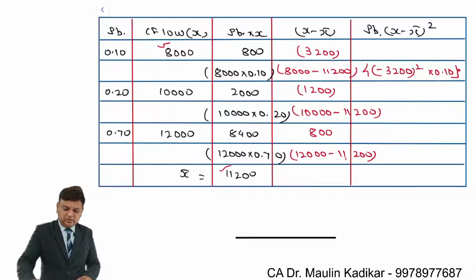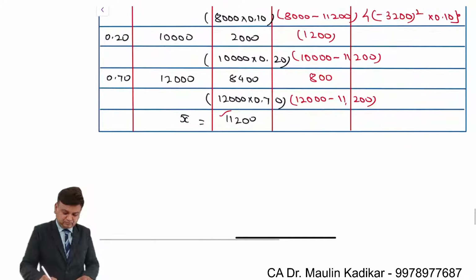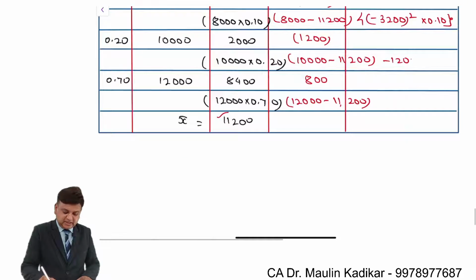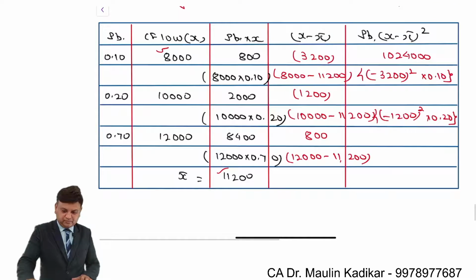So square of 3,200 into 0.1, it comes to 10,24,000. Keep that value directly into memory, plus negative 1,200 square into 0.20. It comes to 2,88,000.